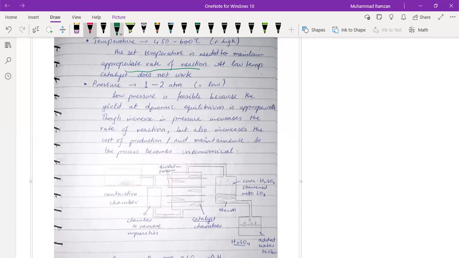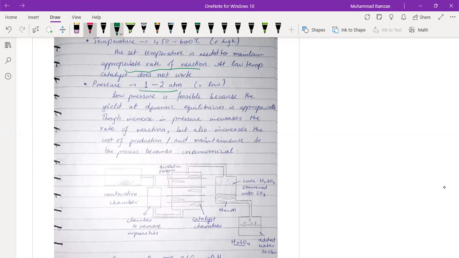Now, pressure is 1 to 2 atm. As I look carefully, over here we are going to apply 1 to 2 atm pressure. But in the Haber process, we are using very high pressure, 200 to 250 atm.